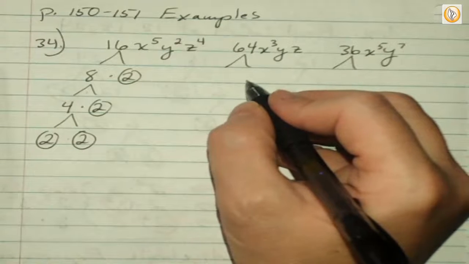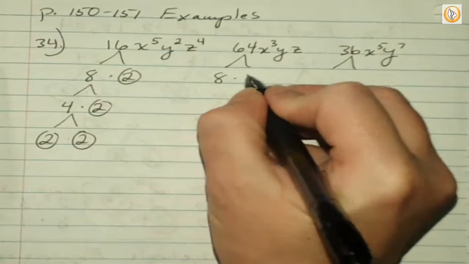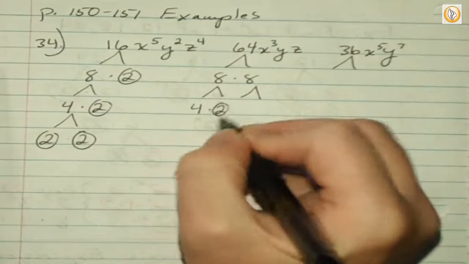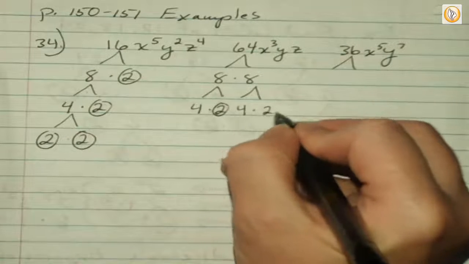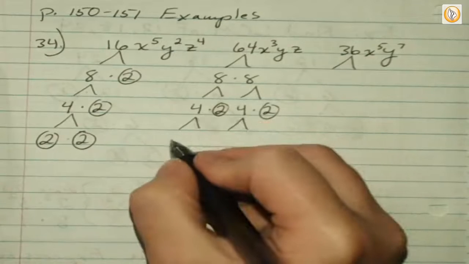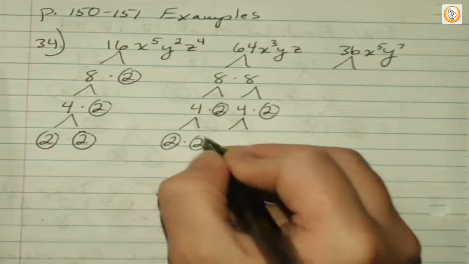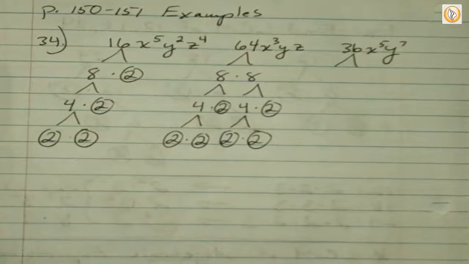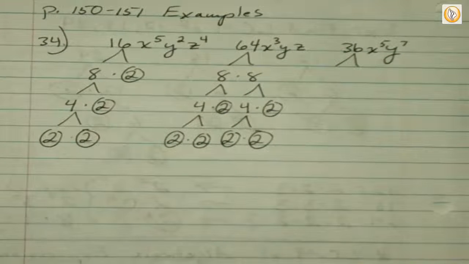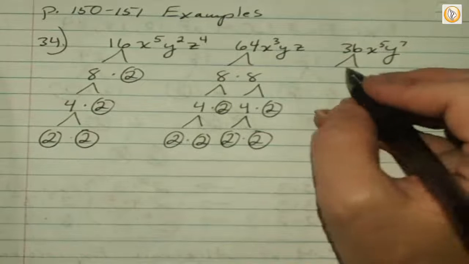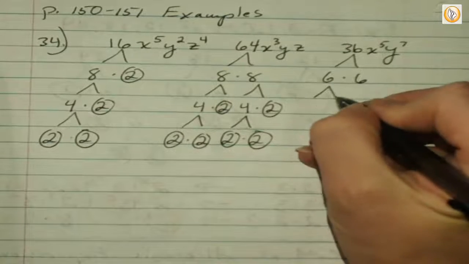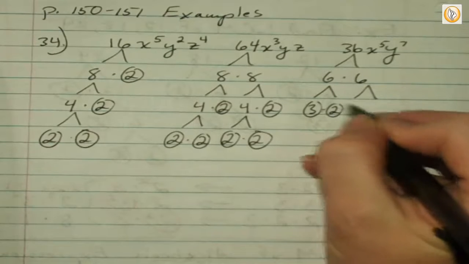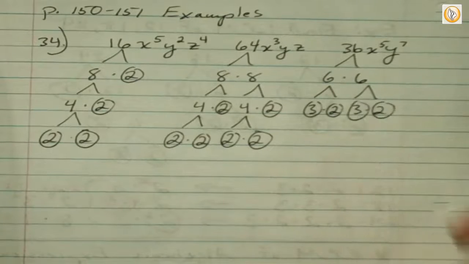All right, Atalia. 8 times 8, 4 times 2, and then 4 times 2, and then 2 times 2 times 2. We'll let y'all catch up. And then Tanner. 6 and 6. And then 3 and 2. And 3 and 2. Good job.